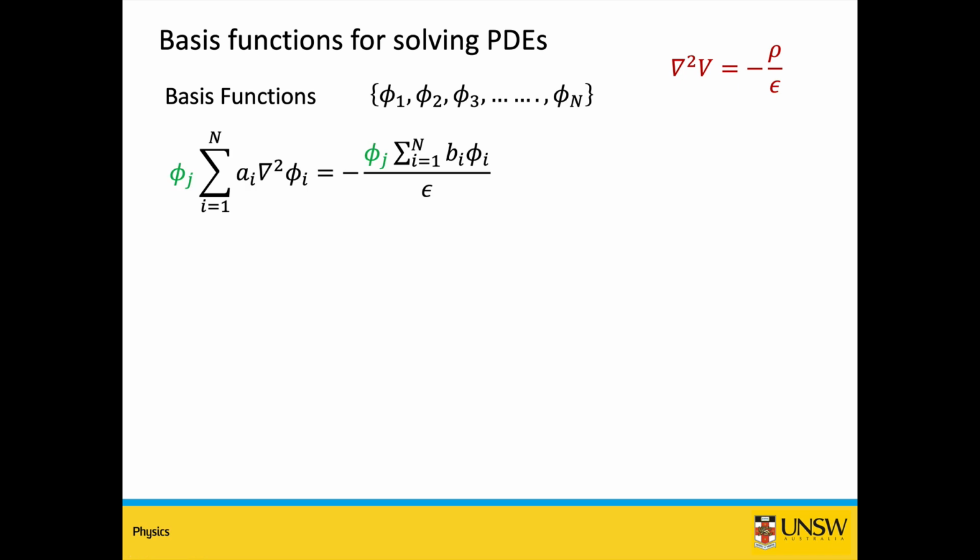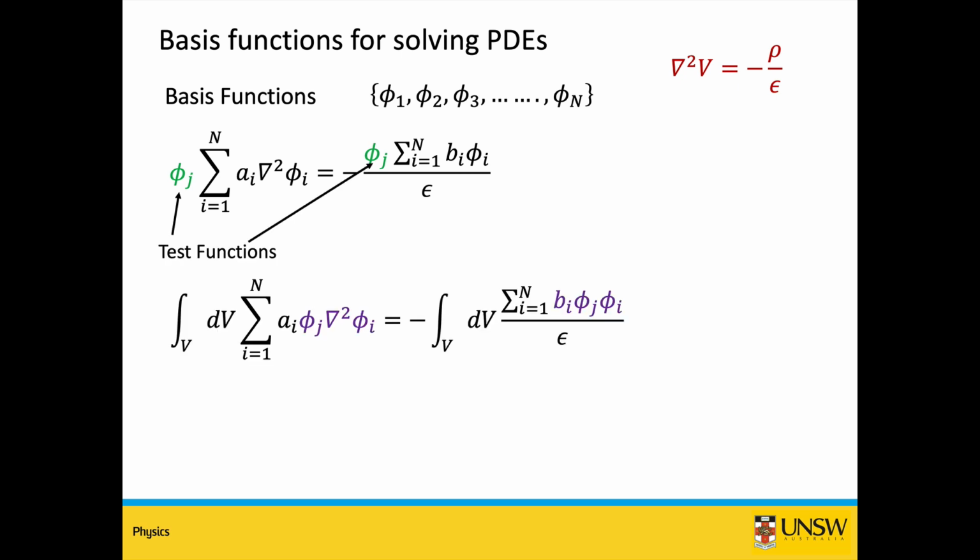So let us now look at this problem again. We have derived this equation, a variant of the Poisson equation, by inserting the basis functions into the equations, and we multiply it with a test function. And now we will integrate both sides of the equation over all space.